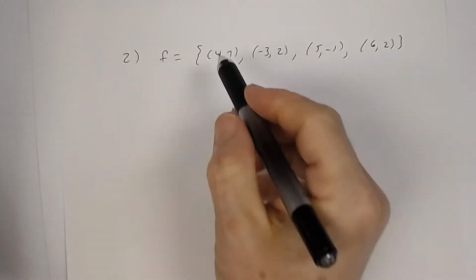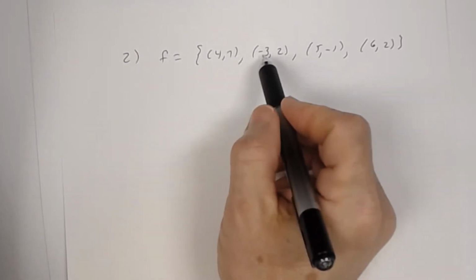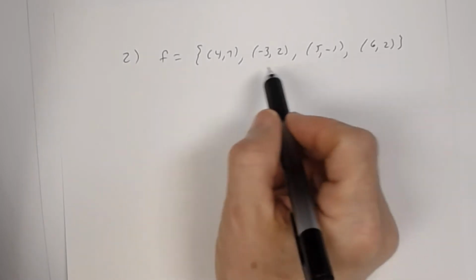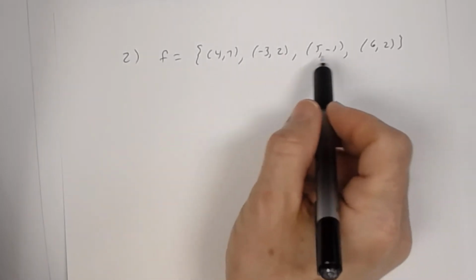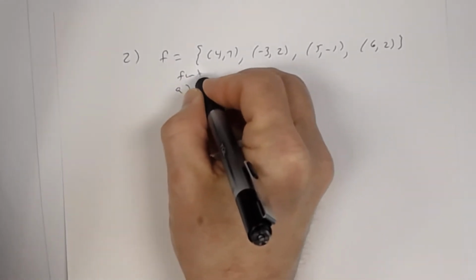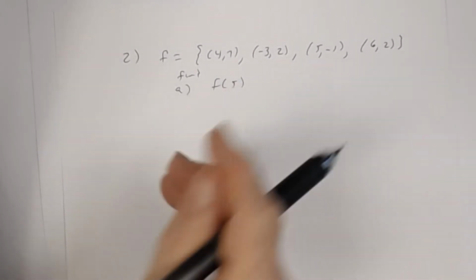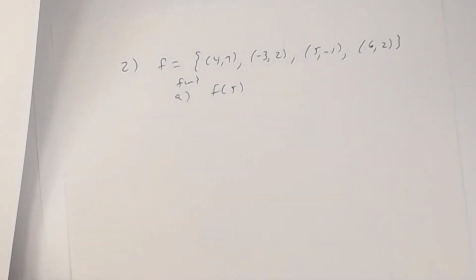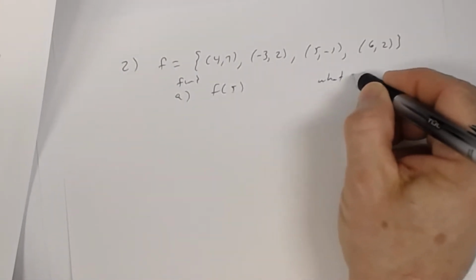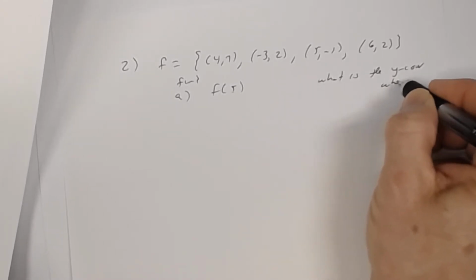Now remember the x coordinates, so your first coordinates, will be 4, negative 3, 5, and 6, right? And then the y coordinates will be 7, 2, negative 1, and 2. So in part A, suppose you want to find f of 5. Now remember, in one of our lessons, I think it was lesson 1, f of 5 means what is the y coordinate when x is 5.